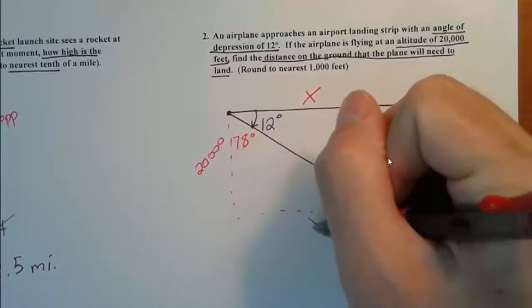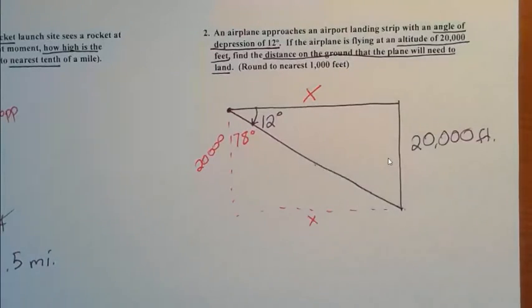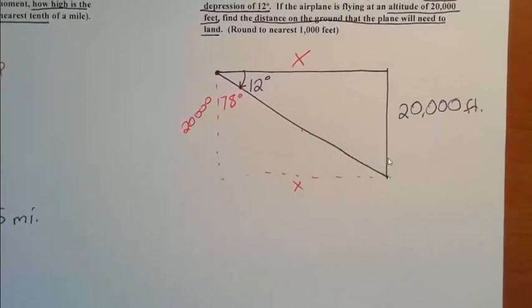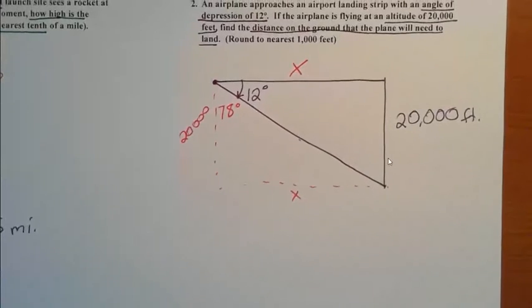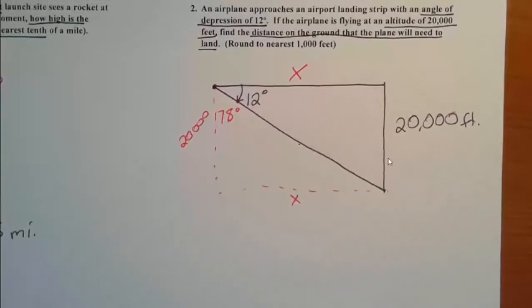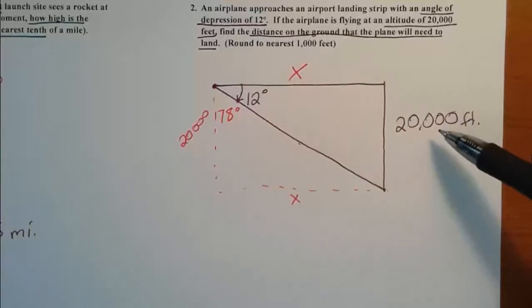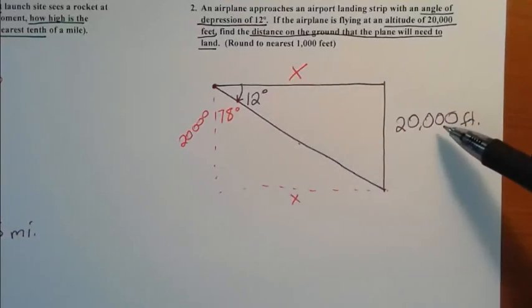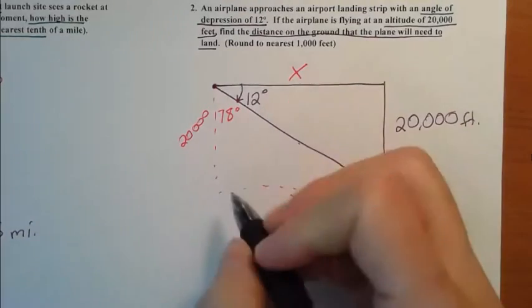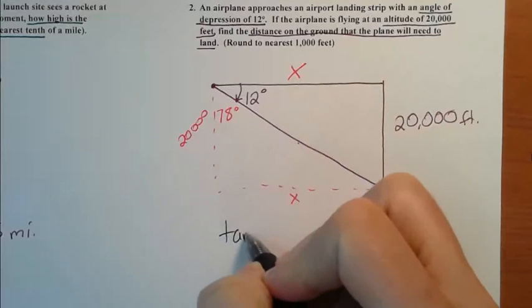And then you'd be finding this x. Doesn't make a huge difference, but in this case, we'll just use our original diagram here to solve our problem. And so now we're going to find x. Similar to last time, now we have tangent of 12 equal to 20,000 over x as our function.